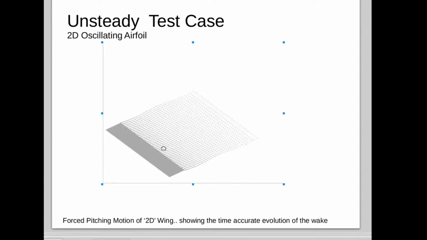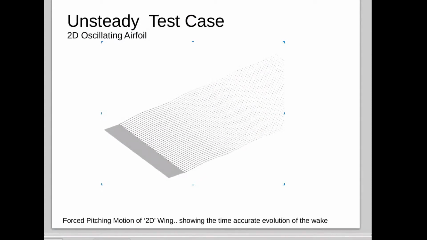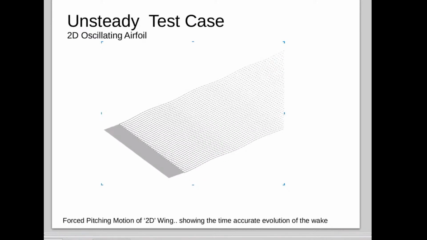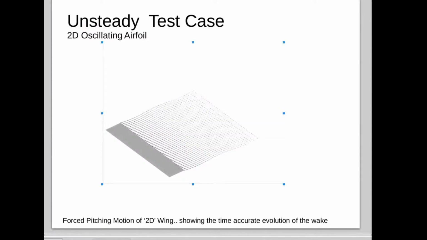So let's see if this actually will play. I don't know how well this video is showing up, but basically you've got a pitching wing, or essentially a pitching 2D airfoil, and as it's pitching, it's shedding those trailing wakes, and you saw it initially, it had a start up there. We can start this up again.